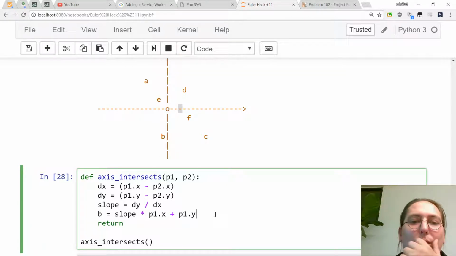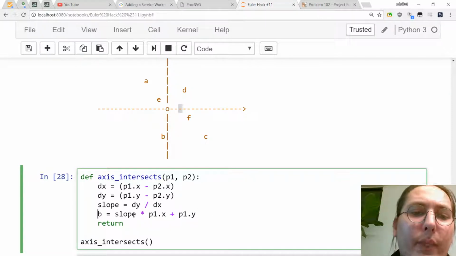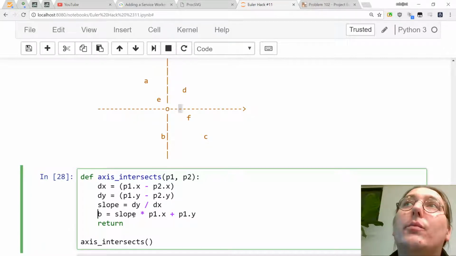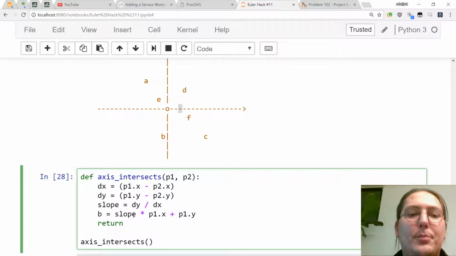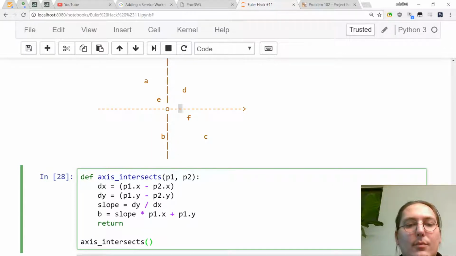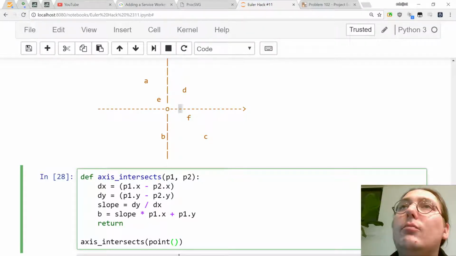And b is just changing this, like y is equal to ax. No, this is minus. Something like that. So this is correct. I think this should be minus.